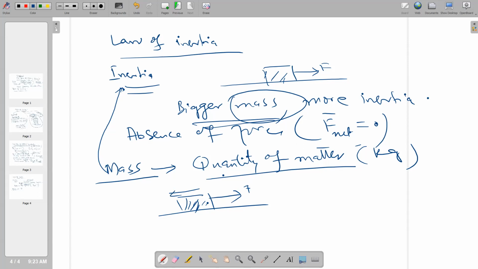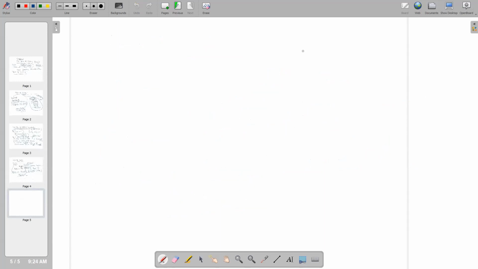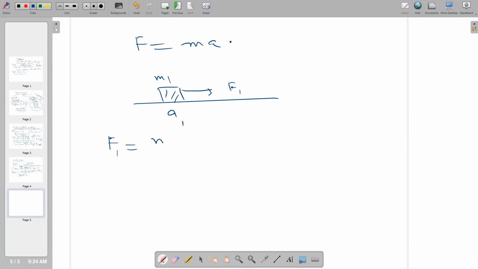So if you have a bigger mass, bigger inertia, you apply more force. In the previous classes, you have studied the equation F = ma. From this equation, if this is a body with mass m1, and you apply force F1 and the acceleration is a1, you can write F1 = m1a1.